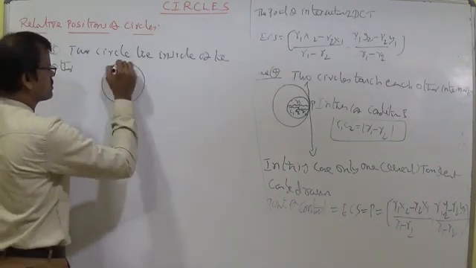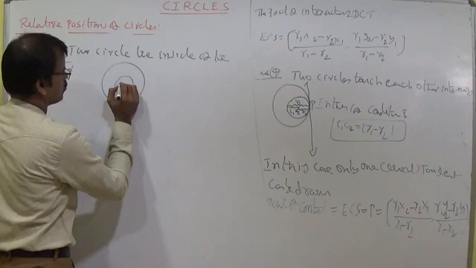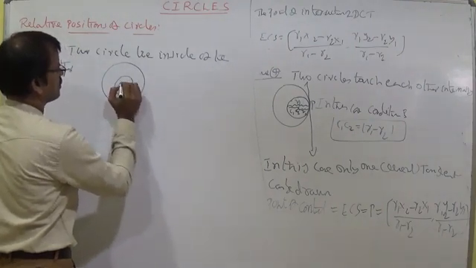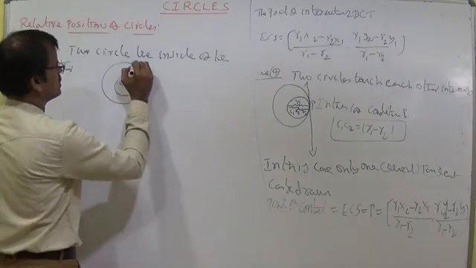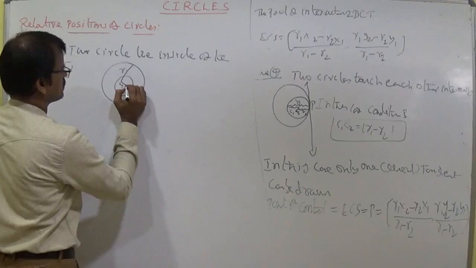Draw like this. You can put C1 here and C2 here. Join. C1, this is R1. C2, this is R2. Simply put like this.